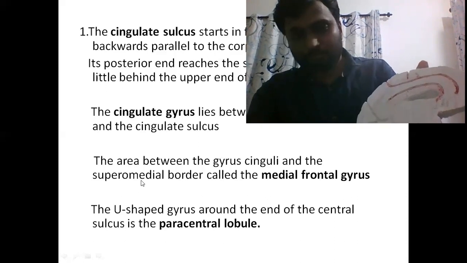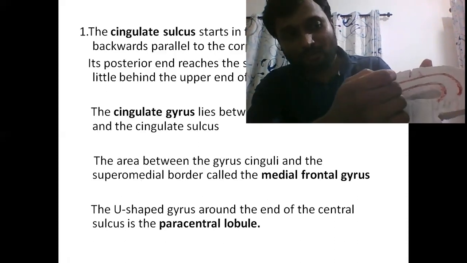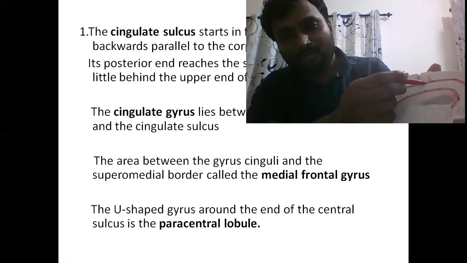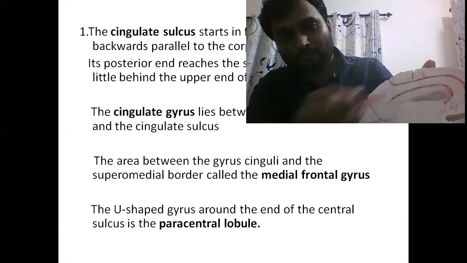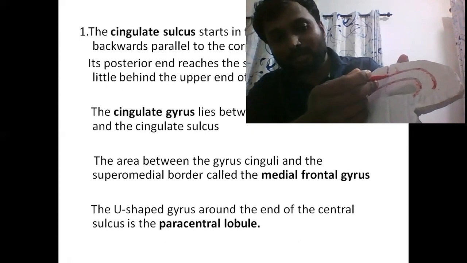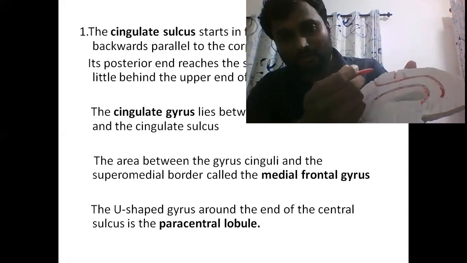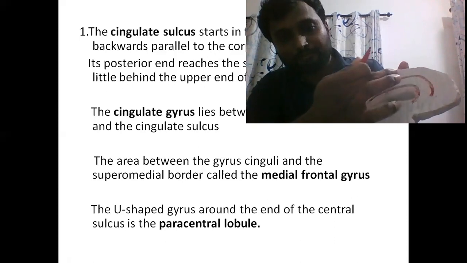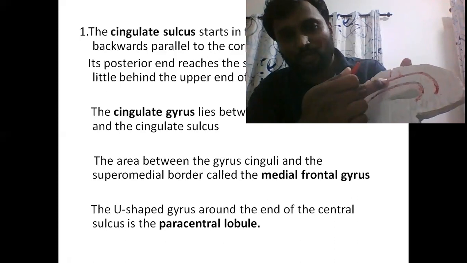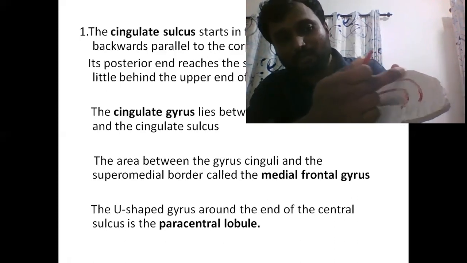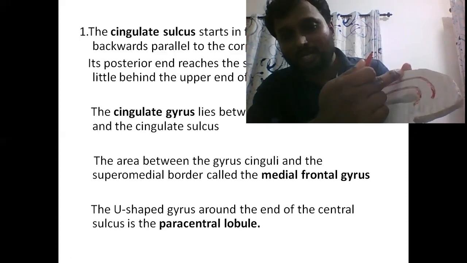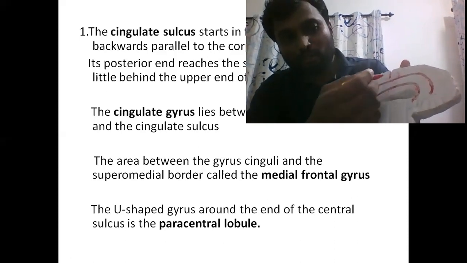This is the callosal sulcus, above that is the cingulate sulcus, and between them we have a gyrus known as the cingulate gyrus. Above that, this area is known as the medial frontal gyrus. Now we can see a U-shaped part here.